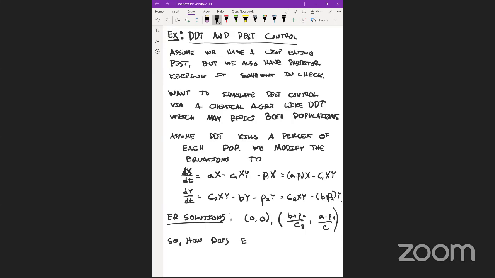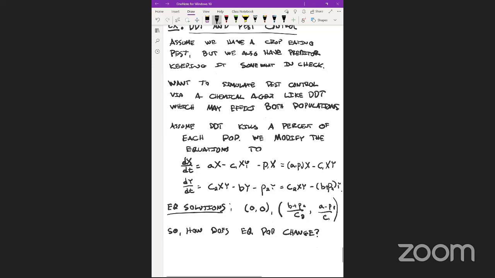How does the equilibrium population change? I want to observe that something kind of crazy happens, and I'll show you in simulation in just a second.